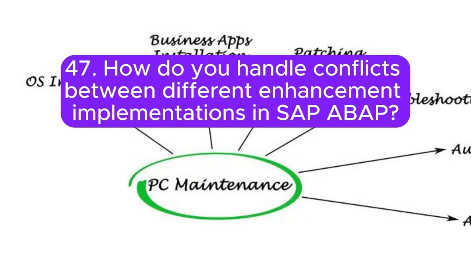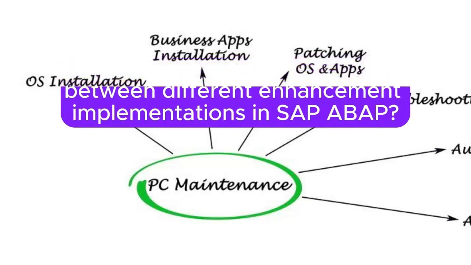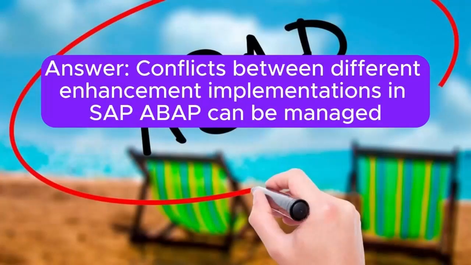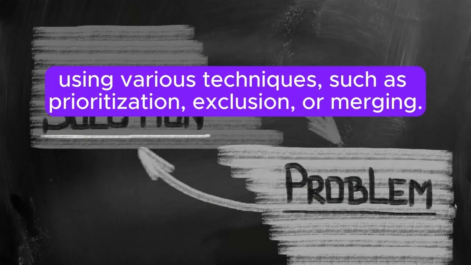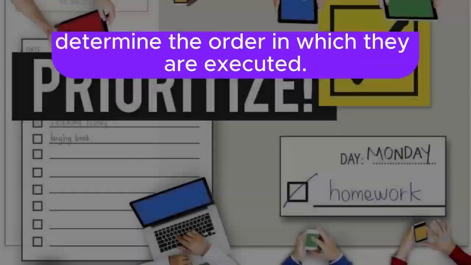47. How do you handle conflicts between different enhancement implementations in SAP ABAP? Answer. Conflicts between different enhancement implementations in SAP ABAP can be managed using various techniques, such as prioritization, exclusion, or merging.